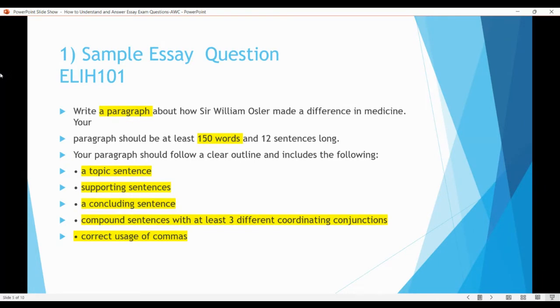Now, a concluding sentence. What is a concluding sentence? What makes a concluding sentence the best one? It must summarize what you have said before in supporting sentences.